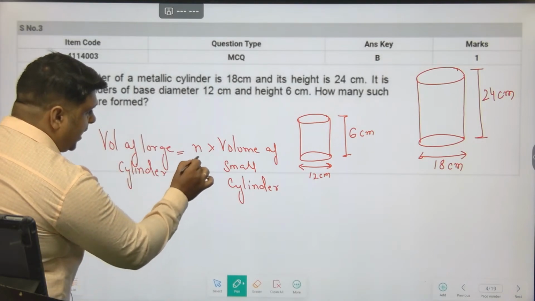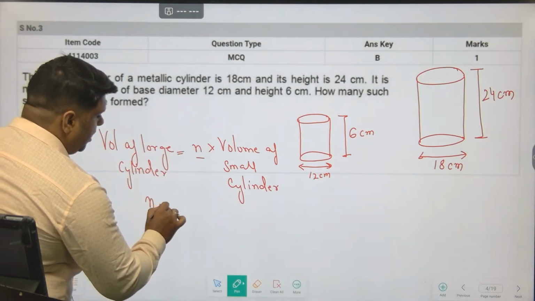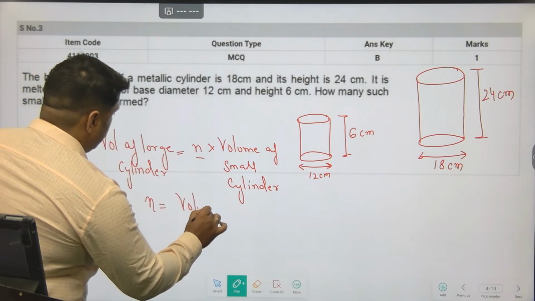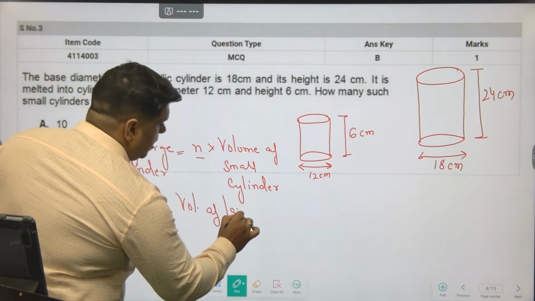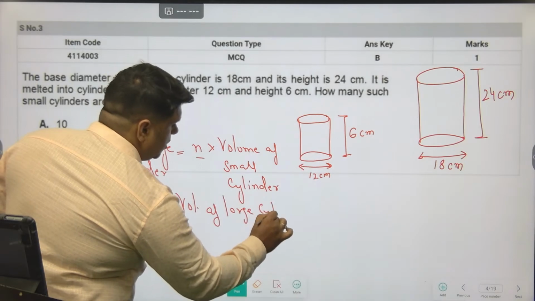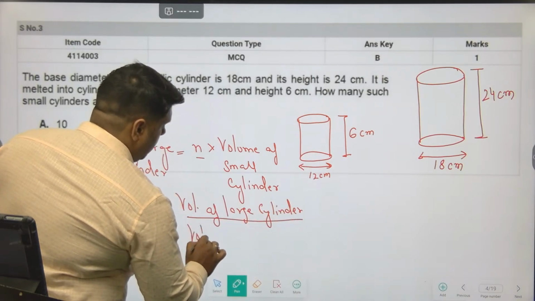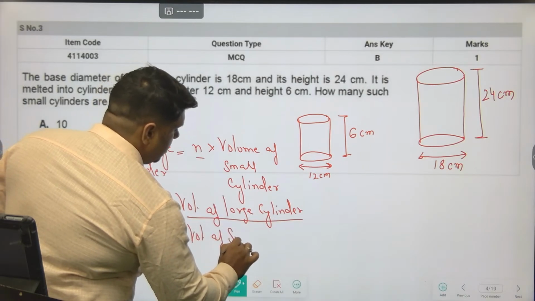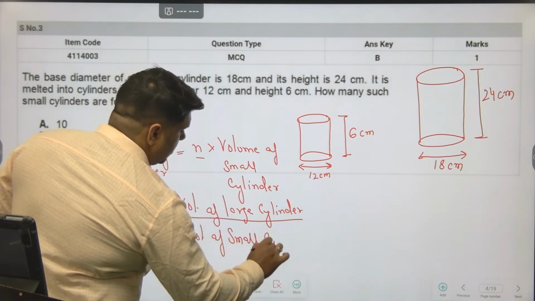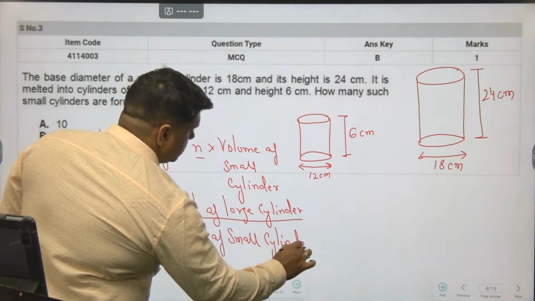Now we have to find this n. So n will be the volume of the large cylinder divided by the volume of the small cylinder.